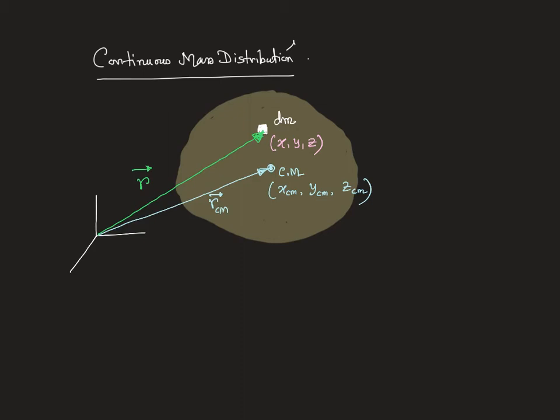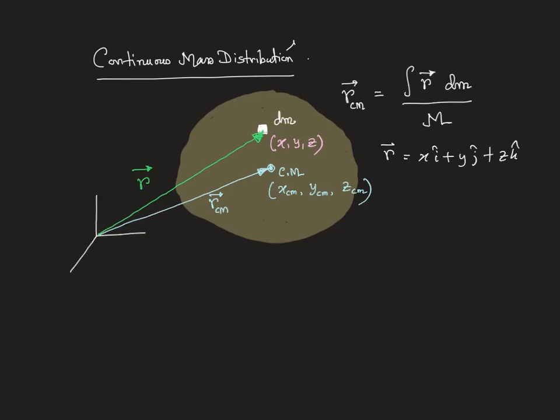So here you can calculate in this way. rCM is equal to integration of vector r times dm divided by capital M. The easy way is to split it into i cap, j cap, and k cap, because every r is x i cap plus y j cap plus z k cap.